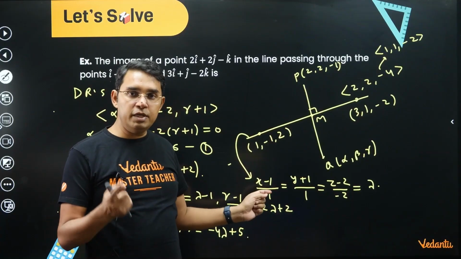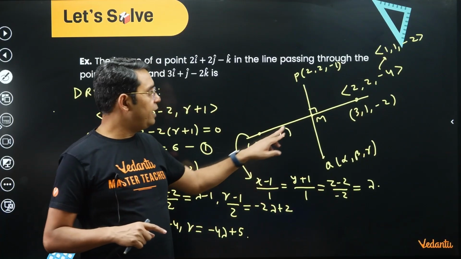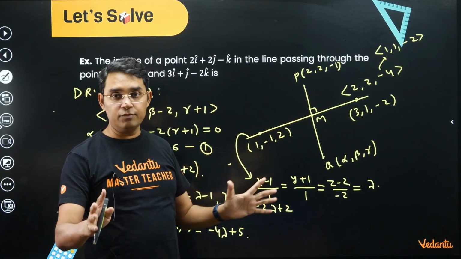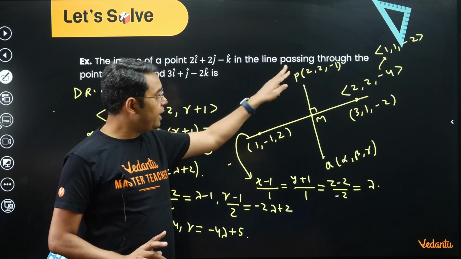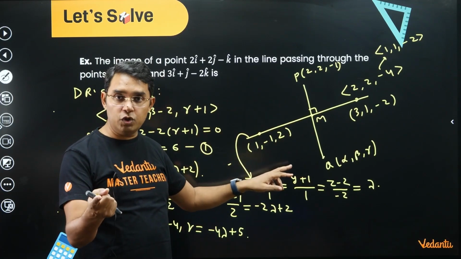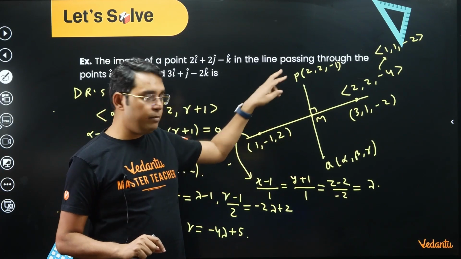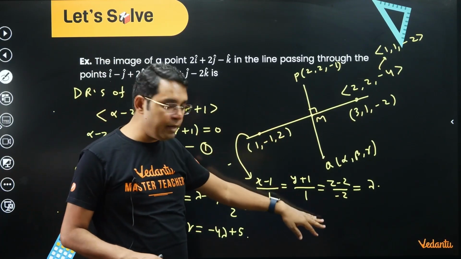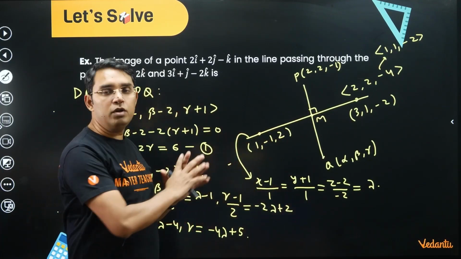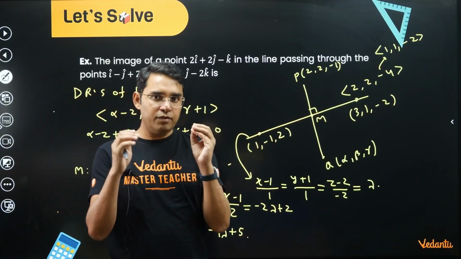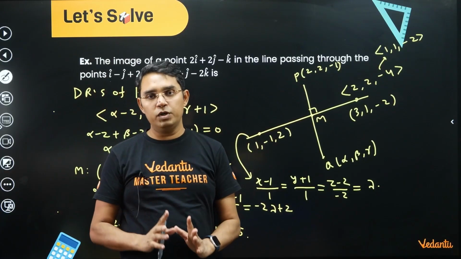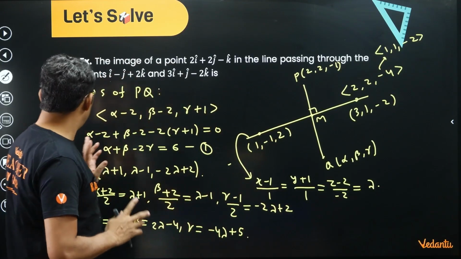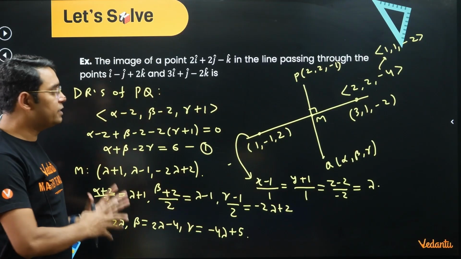Here we are using symmetric form of straight line. There you will be taking M using section formula. It is the same thing. Okay. Then again you have to take dot product equal to 0, and using that, this M will be the midpoint of PQ. You will be solving for mu or lambda in my case. So that is how this question will be solved. Okay. This is one very important variety of questions. Please have enough practice on this kind of questions.